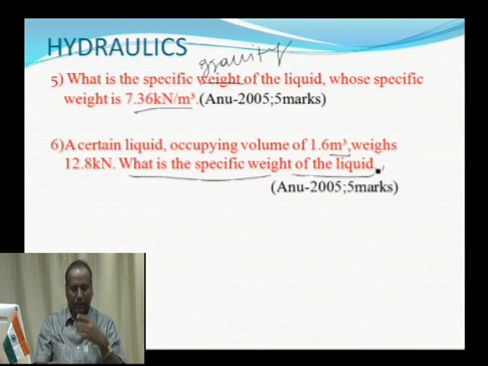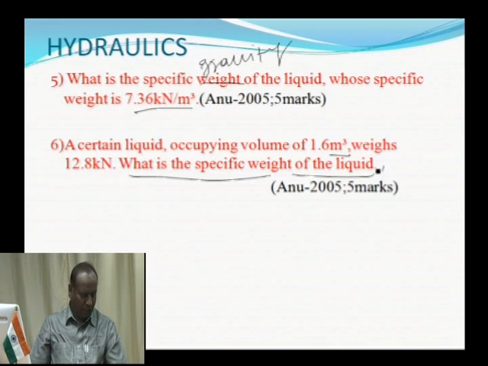Newtonian fluids are those in which the ratio of shear stress to shear strain is proportional, and they obey Newton's law of viscosity. Non-Newtonian fluids are those in which the shear stress is not proportional to the rate of shear strain, and they do not obey Newton's law of viscosity.